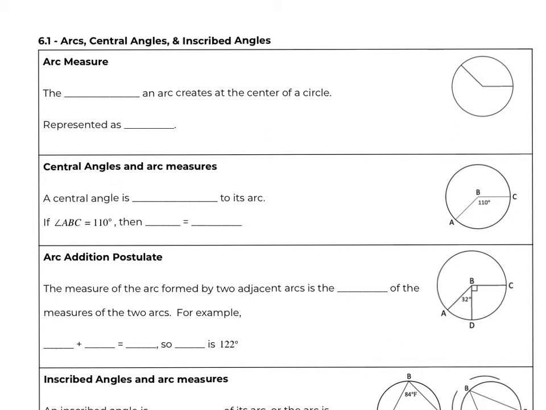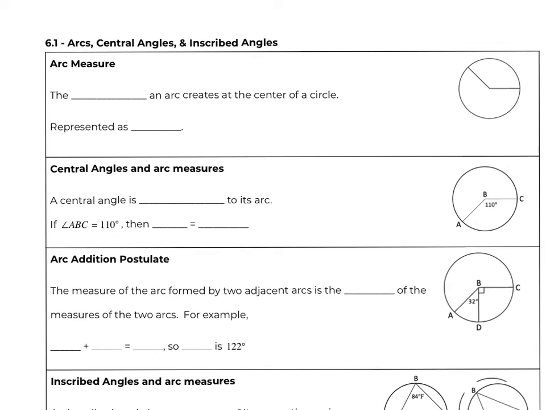If they ask for the arc measure, that is the angle an arc creates at the center of a circle. So it may say the measure of arc BC. That means it wants the answer in degrees, okay?